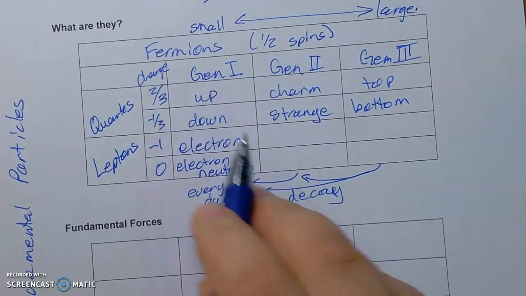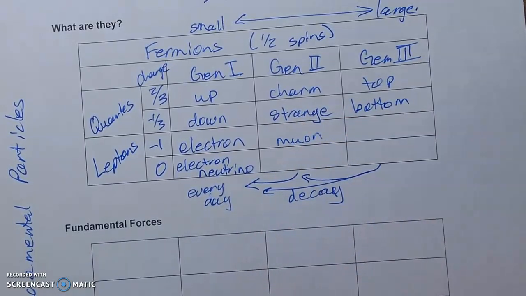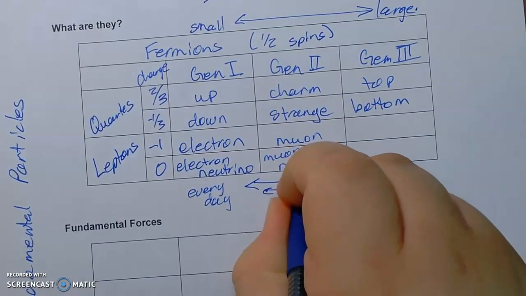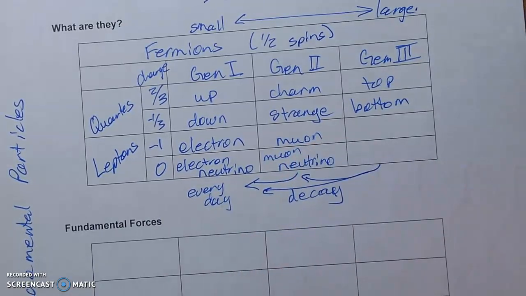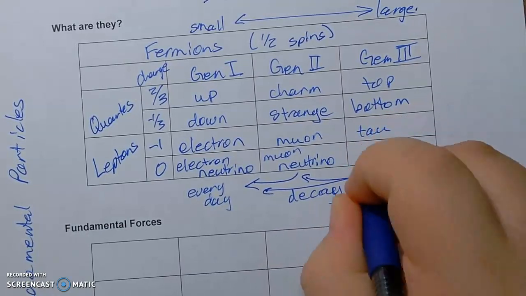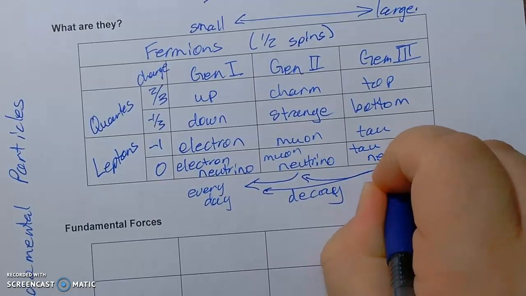Just like the electron for generation 1, there is what is called a muon. And of course, its friend, the muon neutrino. And then we also have the tau and the tau neutrino.